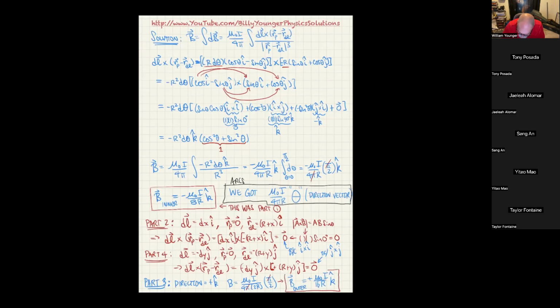So when we add those two, we're going to get mu 0 I over 16r minus mu 0 I over 8r, which could be called 2/16 r. So we do 1/16 R minus 2/16 R gives us negative 1/16 R.